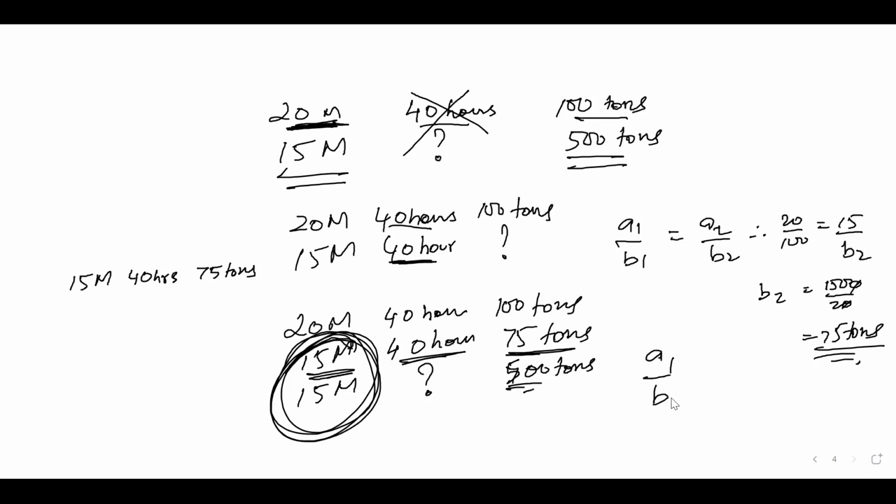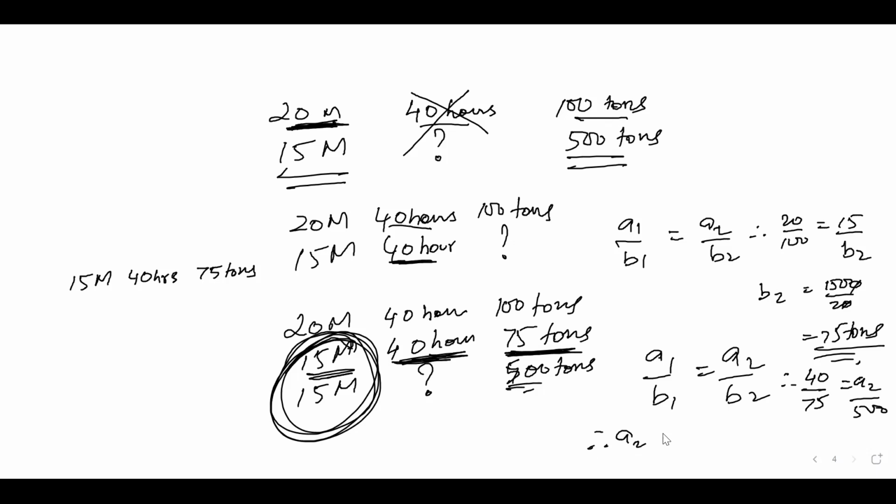So again, we use A1 upon B1 is equal to A2 upon B2. Therefore, what we get is 40. This time, the relationship is between time and tons, the job done. So 40 upon 75 is equal to A2 upon 500.